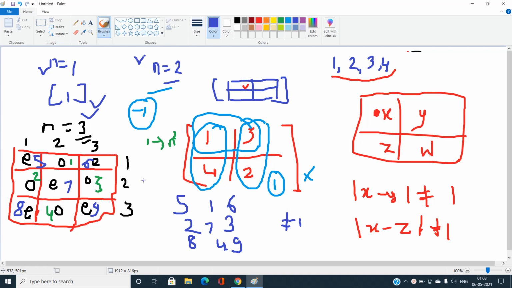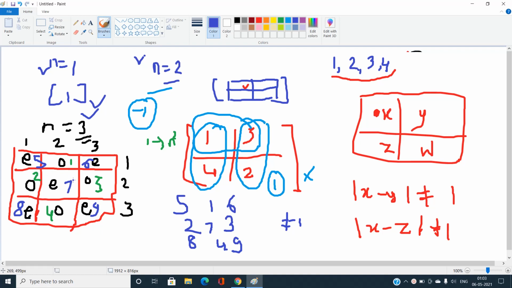That is, first put the values starting from 1 up to n square in the even positions or odd positions, then fill up the alternate ones. And you will always find the absolute difference of the adjacent cells is not going to be equal to 1, because in a matrix you can easily see the odd positions and even positions alternate.